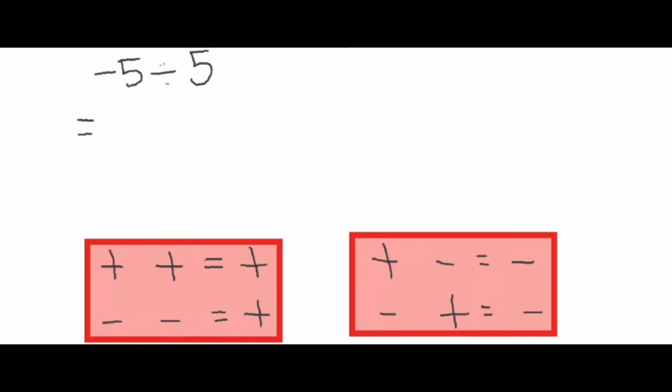So, I'm having different signs here, a plus and a minus sign. So, my quotient should be in minus. So, let's divide these numbers. So, 5 divided by 5 is 1. And I should put the negative sign.